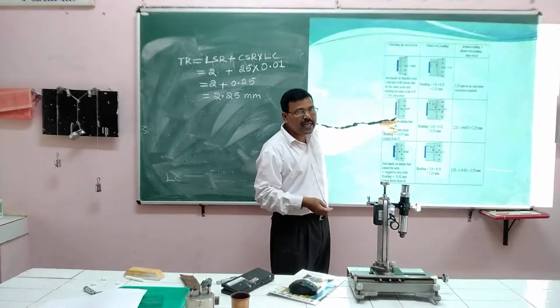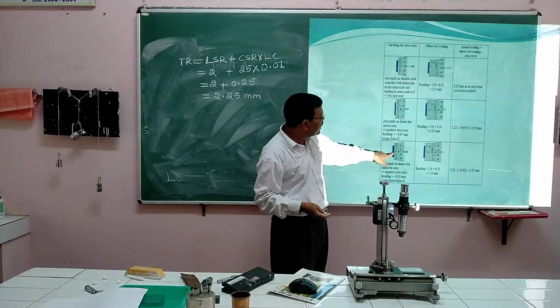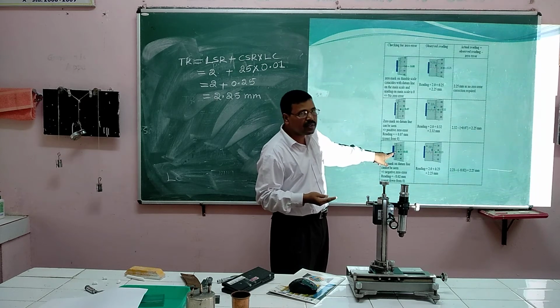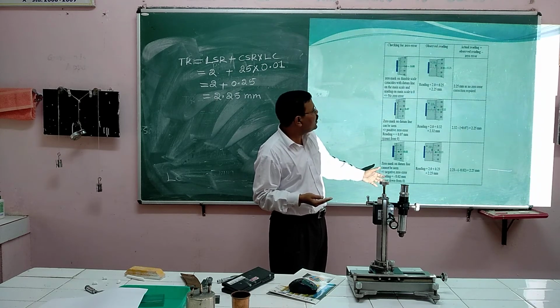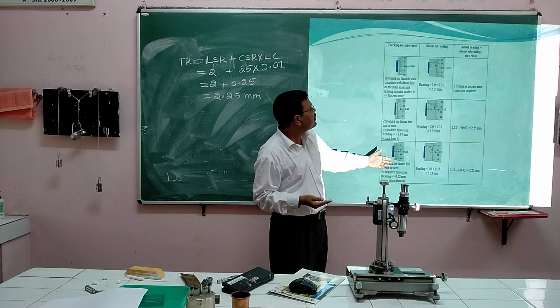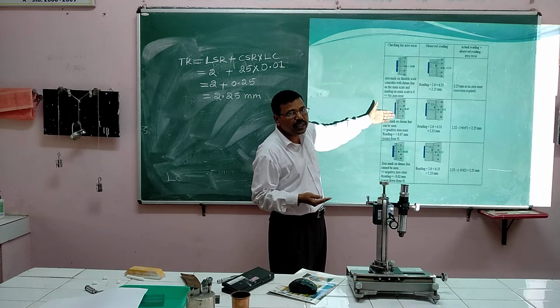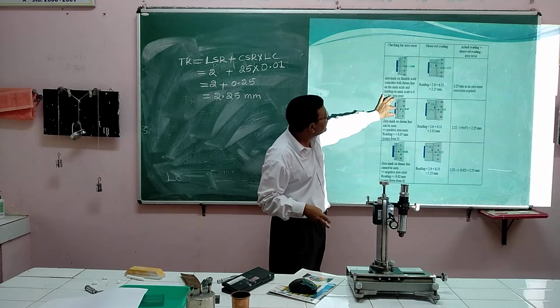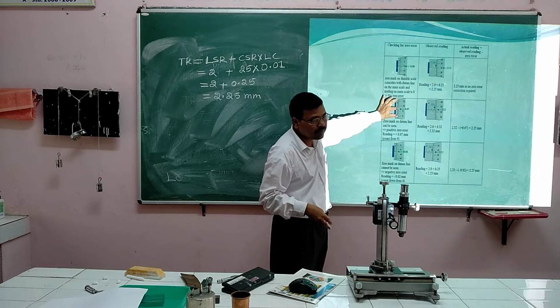Therefore, this contains positive error. Here, the zero of the circular scale lies above the reference line. This contains negative error. This positive error should be subtracted from the measured value. How to find out this positive error?